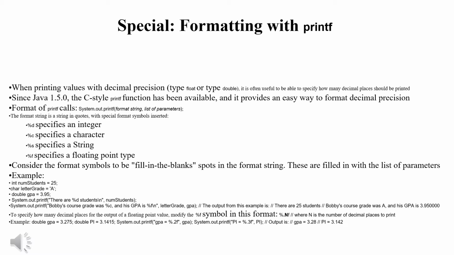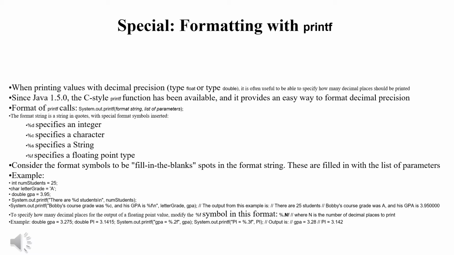Or, for example, in another example I have, Bobby's course grade was A, and his GPA is 3.95. So that's the message that I'm going to print. So in the middle of this message, I'm going to print some variables, right? The value of variables.